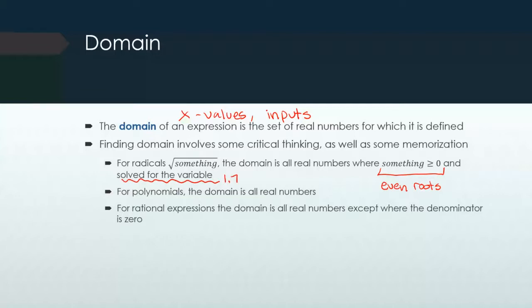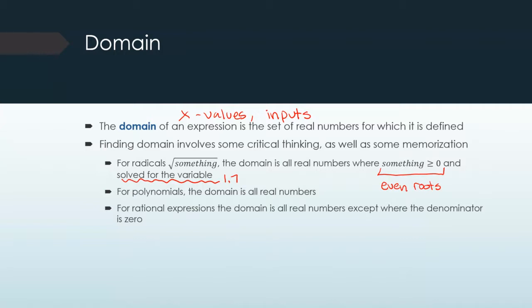Polynomials, we've talked about polynomials. For polynomials, the domain is all real numbers. So that's when we basically just memorize. Every polynomial, the domain is all real numbers. And then rational expressions, the domain is all real numbers except where the denominator is 0.